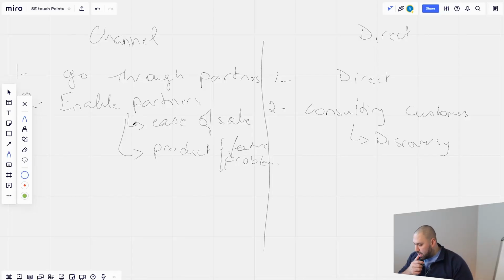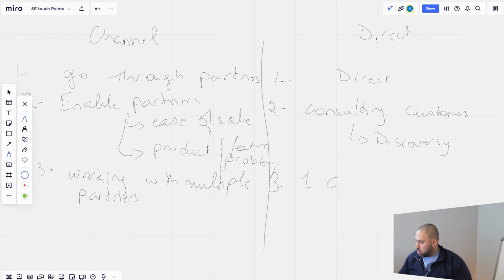Then you have things like, so here's a big difference. Another big difference is 3. When you're here, you're working with multiple partners to help one customer, potentially. Here you're working directly with the customer.